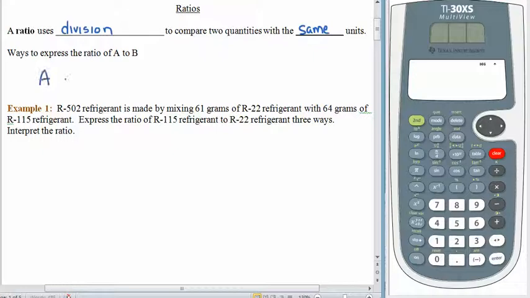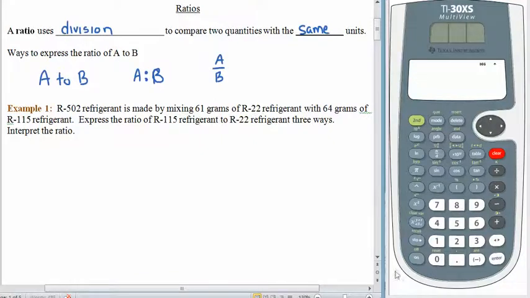We can compare quantity A to quantity B. Or you can express a ratio with a colon, and we can see A colon B. Or you can express a ratio as a fraction, and we have A divided by B. With a fraction, you can clearly see that the division is happening.